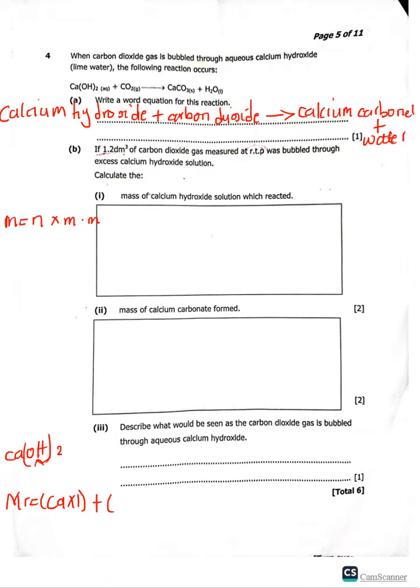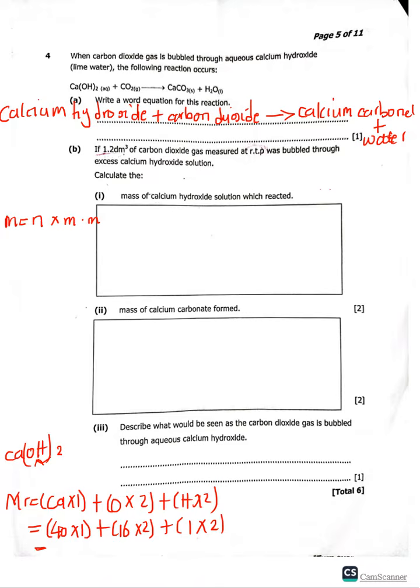So we are going to have oxygen times 2 plus hydrogen multiplied by 2. The mass number for calcium is 40 times 1, plus 16 times 2, plus 1 times 2.